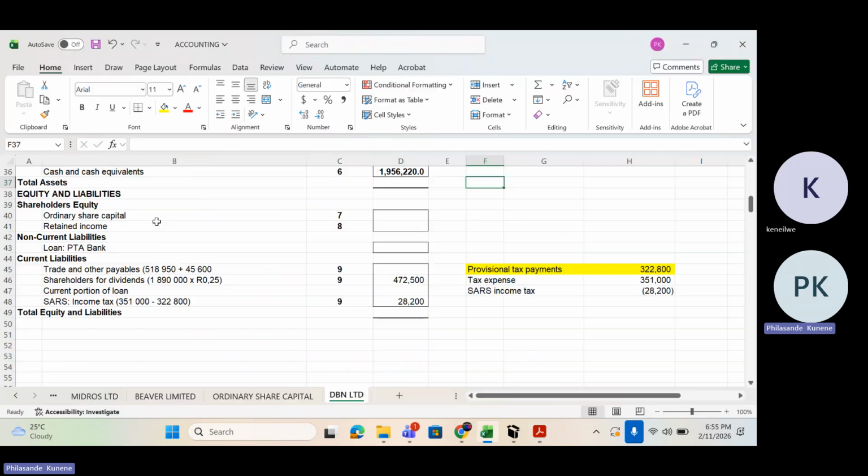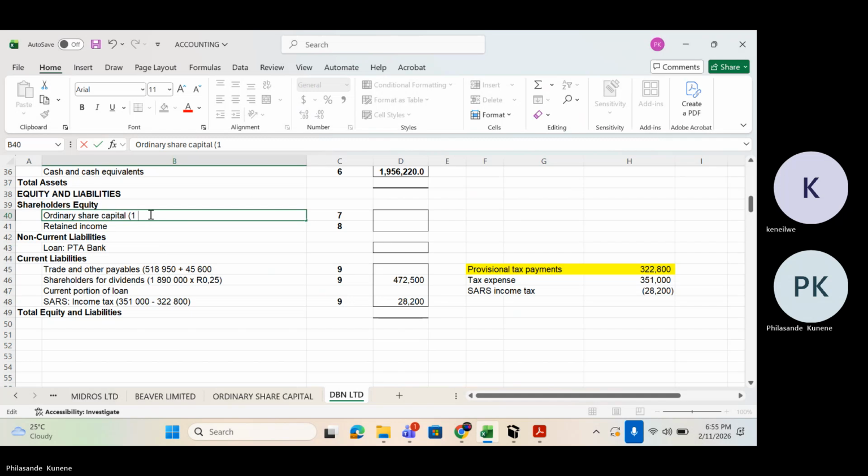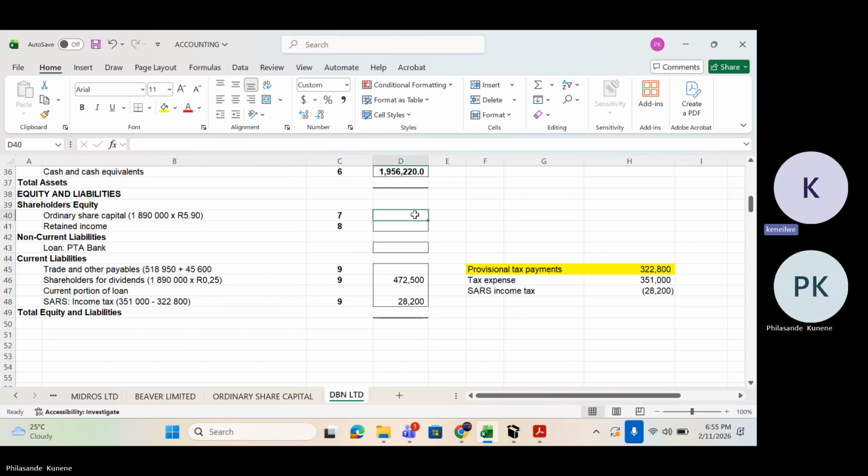How much am I going to get for my ordinary share capital? 11,151,000 rands. So this is our ordinary share capital that we have.